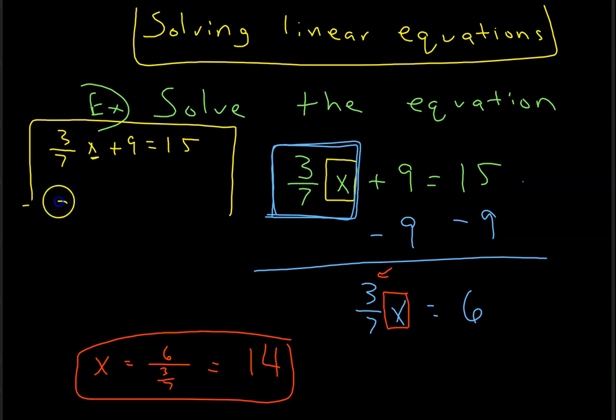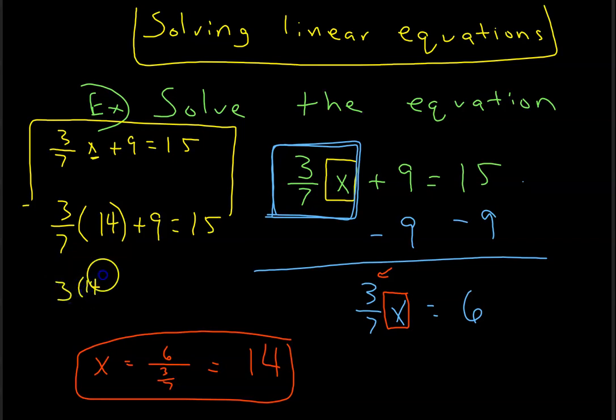So let's go. 3 over 7 times 14 plus 9 is supposed to equal 15 if the math is right. 3 times 14 over 7 plus 9.